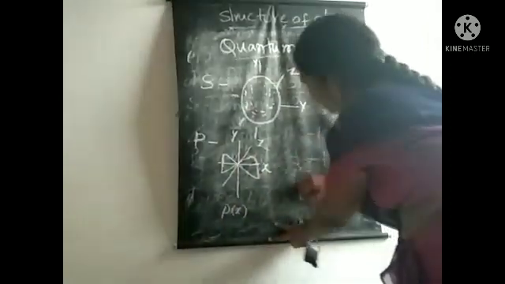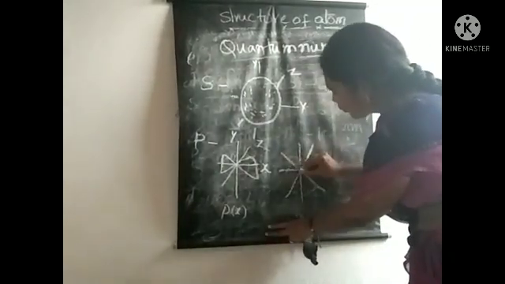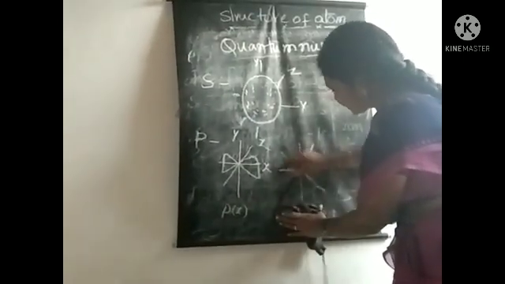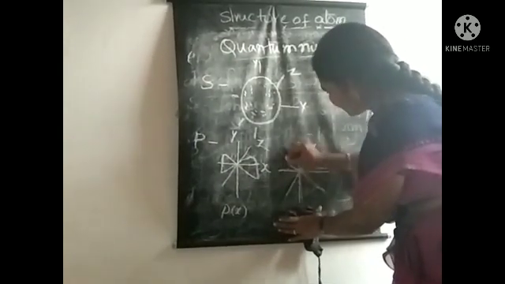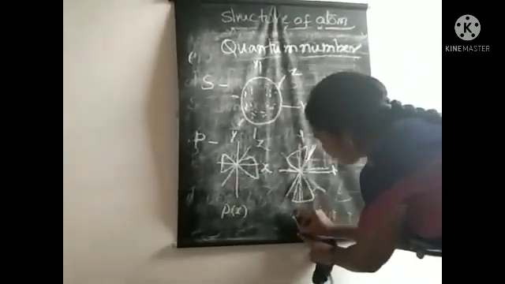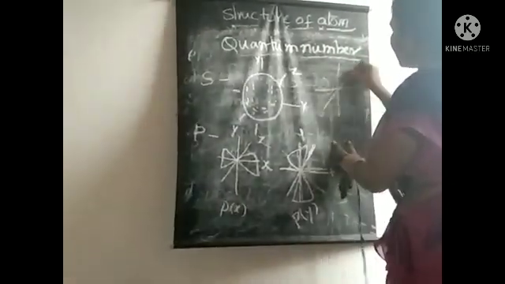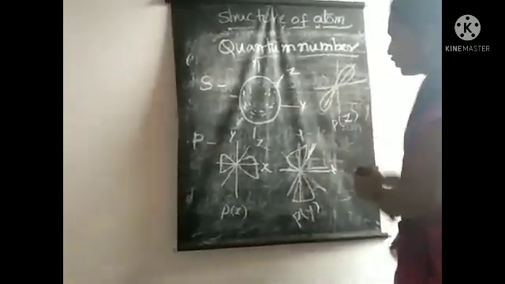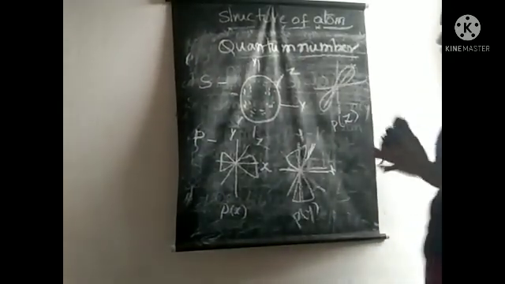Here the p orbital is along the y-axis, it is py. Here the p orbital is along the z-axis, we will write pz. Like this, the d orbital also we can draw.